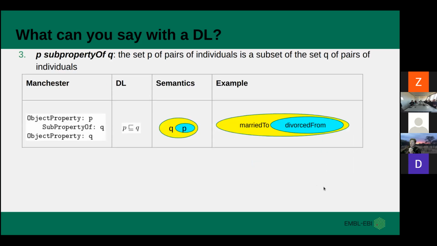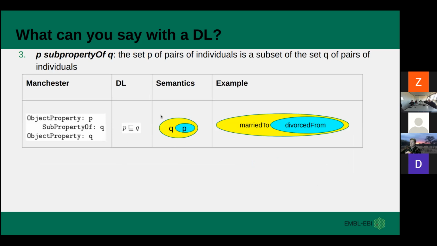Then you can have P subproperty of Q. This is now where you have pairs of sets. In this case, this is the Manchester syntax, again the DL syntax.